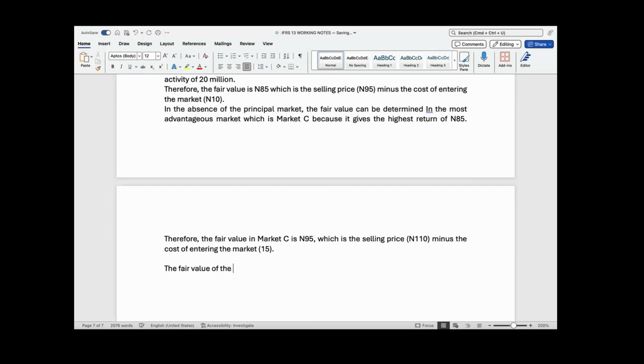So the fair value of the liability will be determined using the income approach by discounting the future cash flows to present value. So the calculations are as shown below.